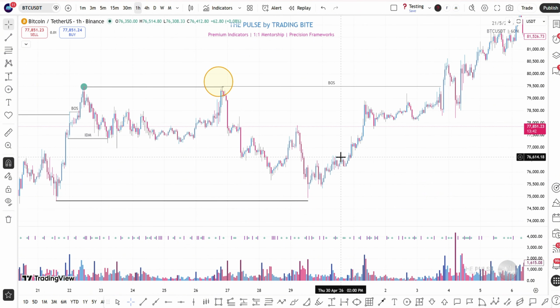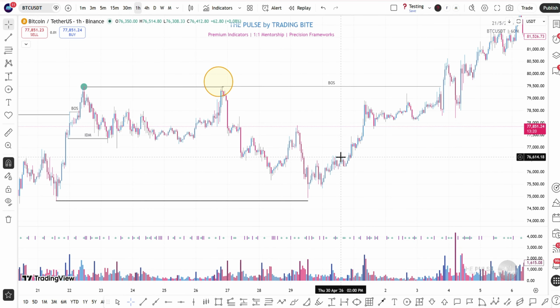I hope you understood what liquidity is, how to identify it, what inducement is, how smart money traps early buyers and early sellers, and what a break of structure is and how we can mark a valid one.